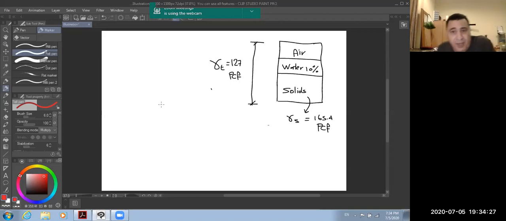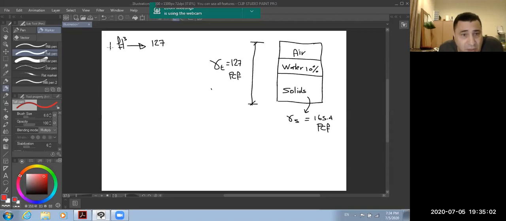First, we take the approach that if you have 1 cubic foot, unit 1, the weight of it is equal to what? The gamma total is equal to 127 pounds per cubic foot.